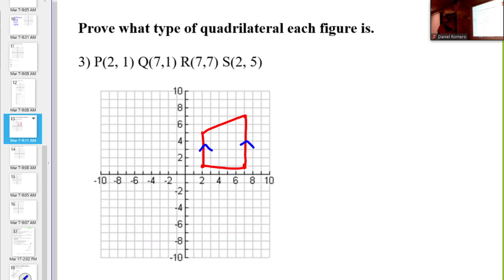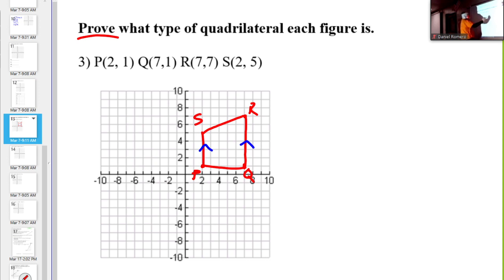No, you have to have two sets of parallel sides to be a parallelogram. A trapezoid, very good. So this looks like it's going to be a trapezoid, but technically they are saying to prove it. So I would prove it. What formula allows us to show that lines are parallel? Slope formula.